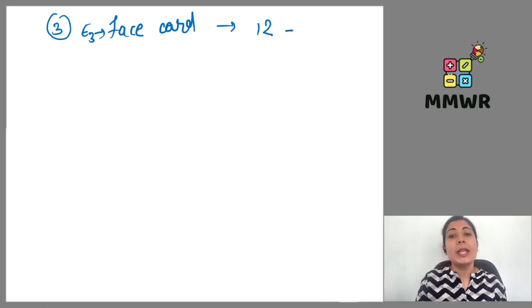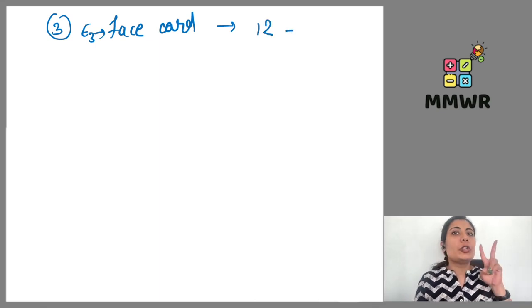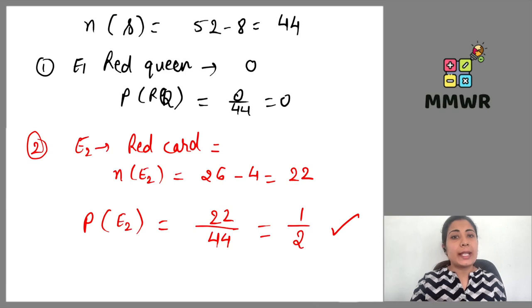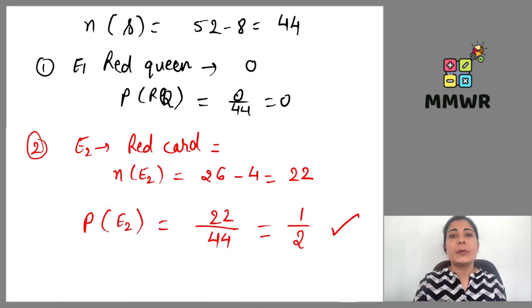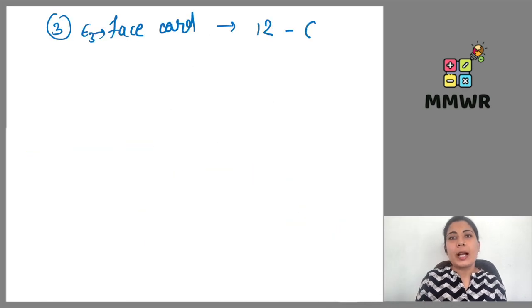But we have already removed 2 queens, 2 jacks and 2 kings as well. Look, queen has been removed, jack has been removed and king has been removed, so 1, 2, 3, 4, 5, 6. These 6 cards have been removed out of 12 cards, so remaining are 6 cards with us.